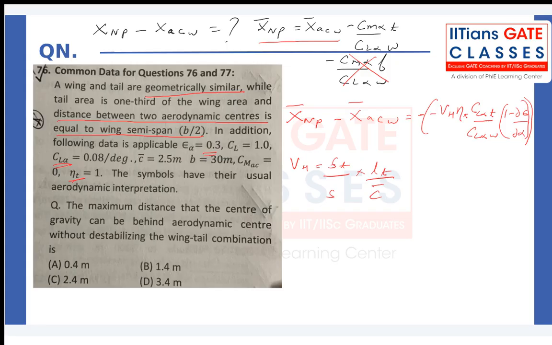It will be slightly different, but we can just assume this because look at our options, they are in single decimal value, so they do not require such precision. So just assume LT to be the same distance, correct? So ST upon S is 1 by 3, correct? LT is semi wingspan, B is 30, so it is 30 by 2, and C bar is 2.5. How much does this come to?